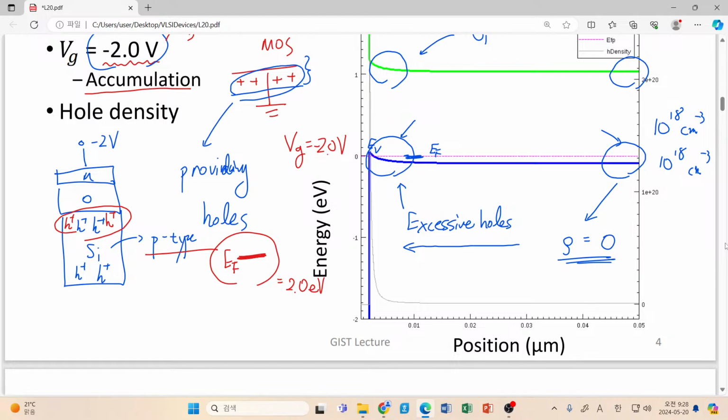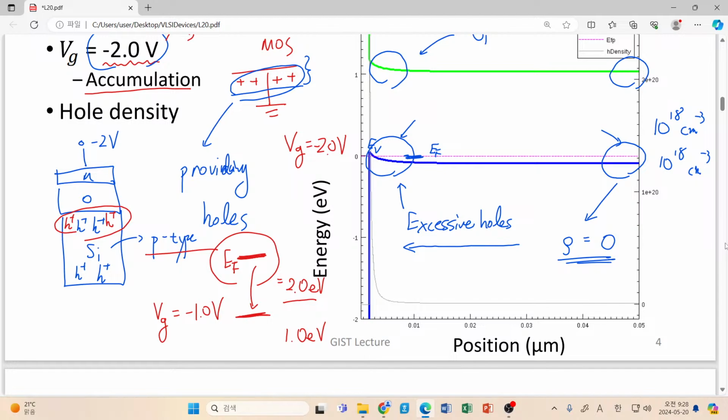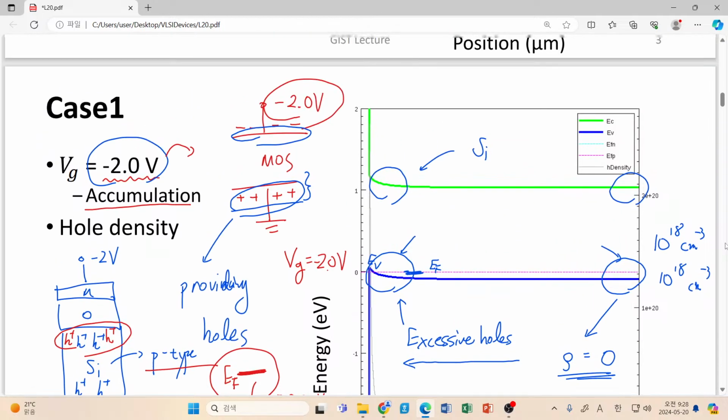Instead, please think about a case where we have applied -1.0 volt to our gate terminal. Then what will be the location of the metal Fermi level? Instead of this 2.0 electron volt, it will be 1.0 electron volt. So in this graph, we will have a lower position of our gate region.